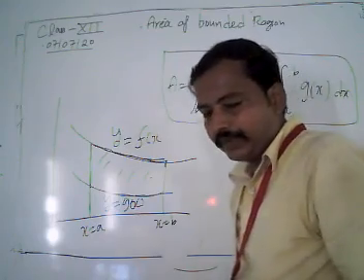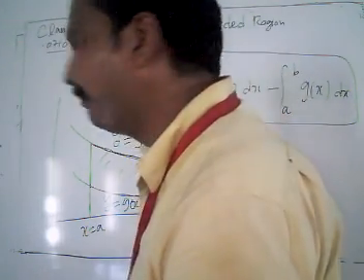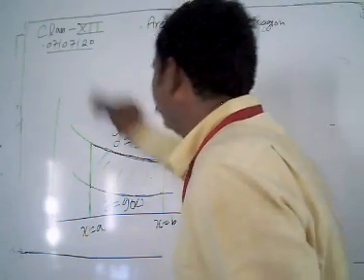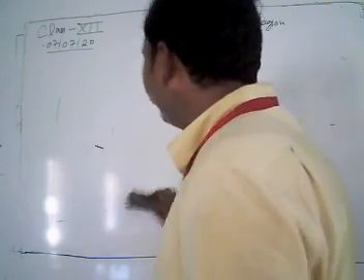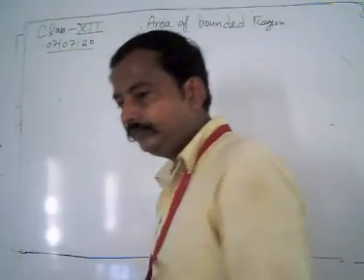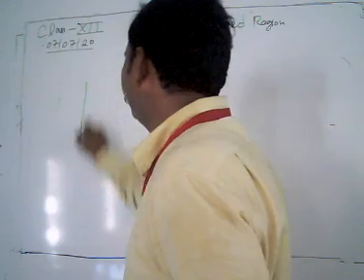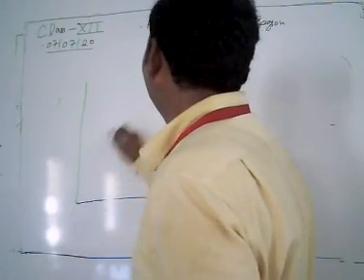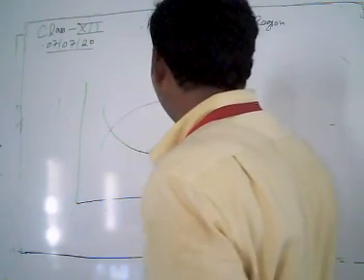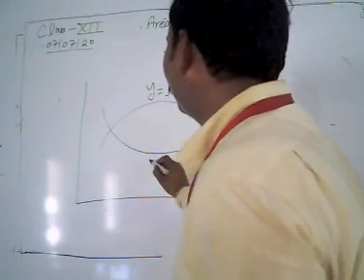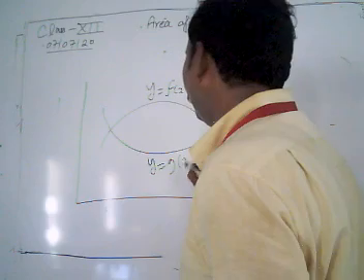Now look, suppose our curves are intersecting at these two points. How can we find this area? Suppose we have two curves like this: a curve y equal to f(x), and a second curve y equal to g(x).